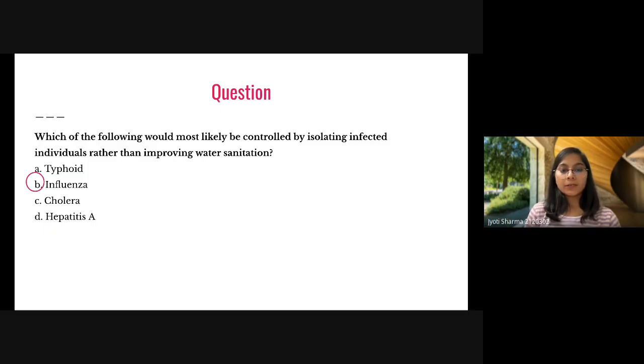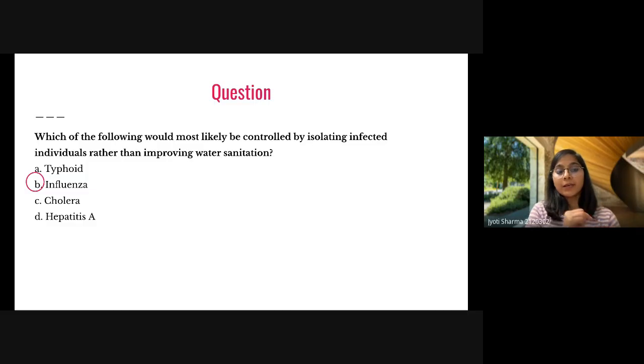But because here the question was which would most likely be controlled by isolating infected individuals, the best example is what we did in COVID-19. If a person had COVID-19, we isolated that person so that they do not have any contact with another person, and that person will not get infected from the infected person, right? So this is how we can control it if that disease is a host to host disease.